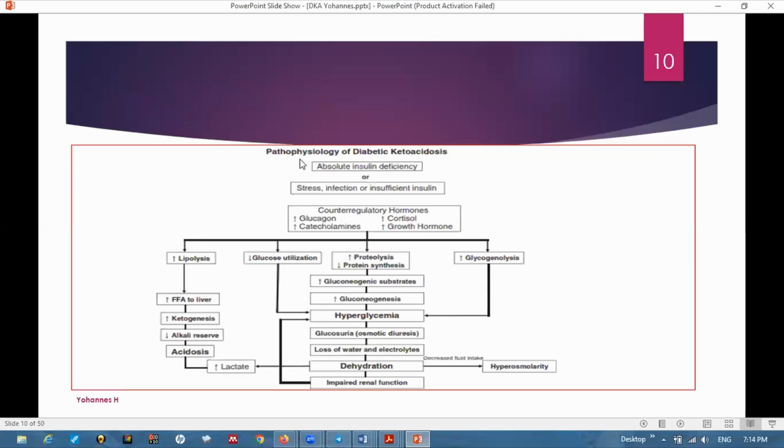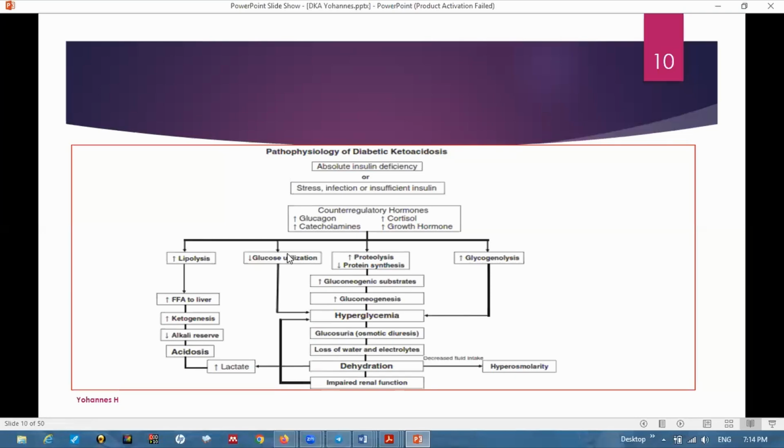So in general, diabetic ketoacidosis is due to absolute insulin deficiency, or presence of stress, infection, or insufficient insulin, which leads to release of counter-regulatory hormones like glucagon, catecholamines like epinephrine and norepinephrine, cortisol, and growth hormone. As you know, insulin is an anabolic hormone, but in the absence of insulin, catabolism will be underway.